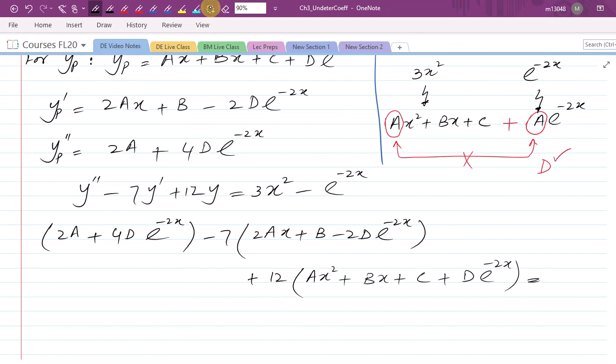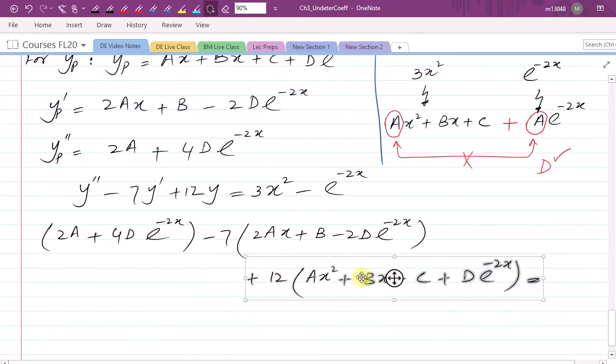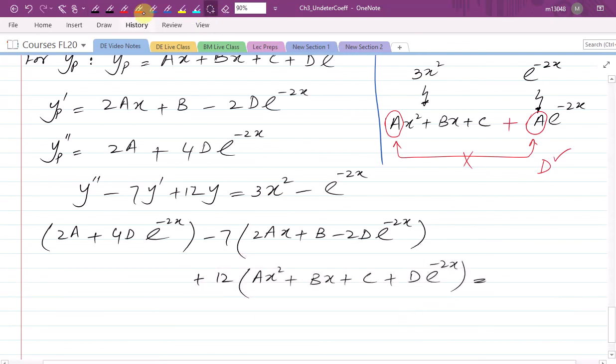And on the right hand side we have 3x square minus.